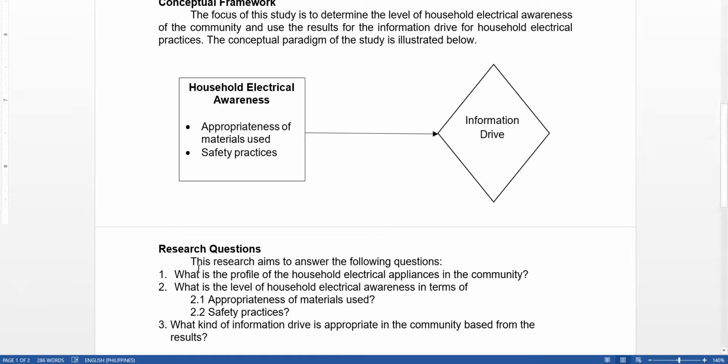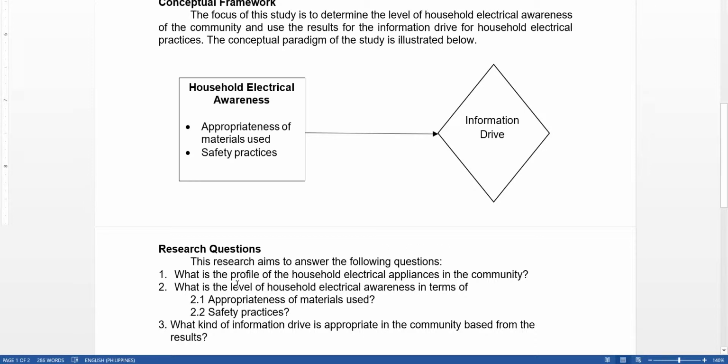As you can see here, we only have three research questions, which is quite different from the previous examples that we have, because we have nine for the experimental design, and then usually we have four research questions for correlational study. So here, this research aims to answer the following questions.